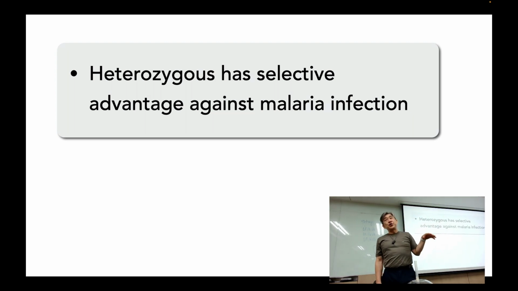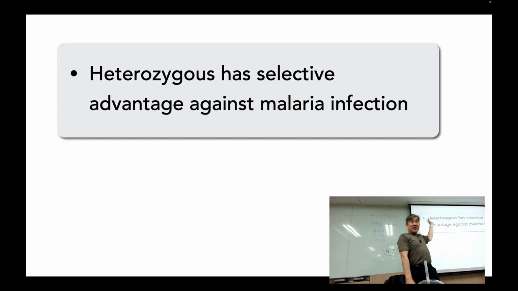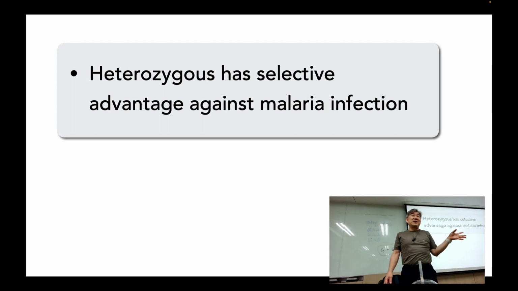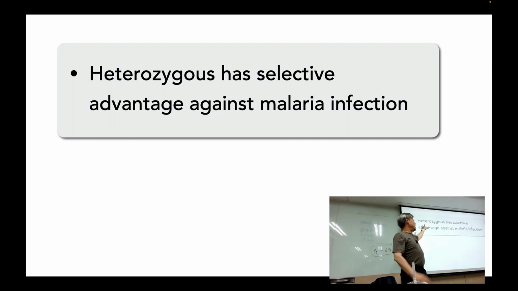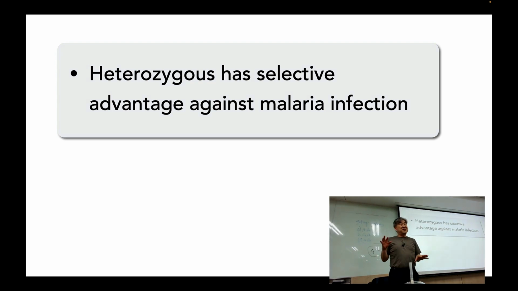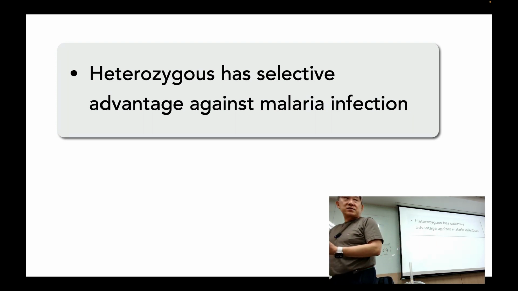I won't really share the reason with you, although several years ago I did introduce the actual molecular mechanism in this classroom. But why do you have to worry about so much detail? This is good enough. Heterozygous individuals, for some reason, have a stronger resistance against malaria infection. They can live better and survive better.